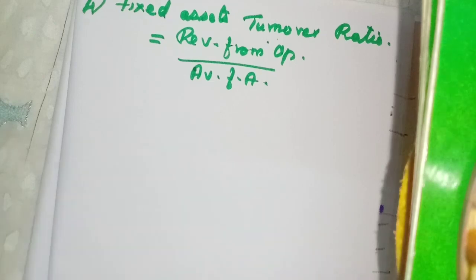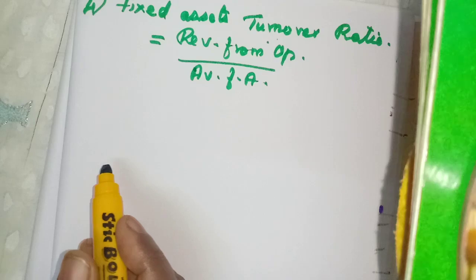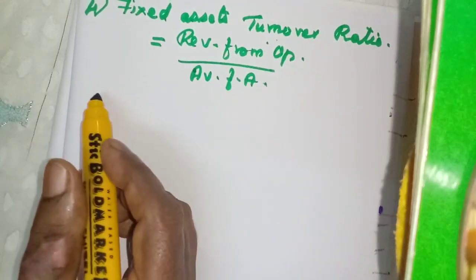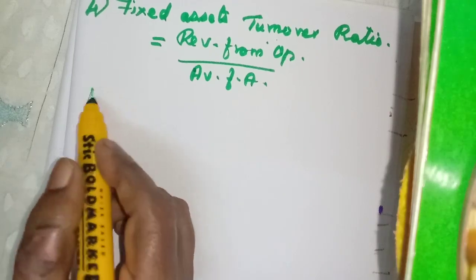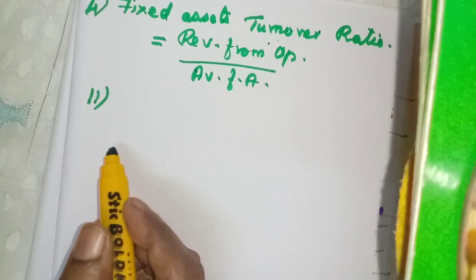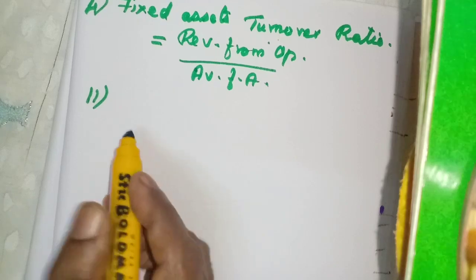Now shall we do the problem here? Fixed assets turnover ratio, the 11th one. From the following information of Geeta Limited, calculate fixed assets turnover ratio. Revenue from operation 55 lakh, fixed assets 5 lakh.